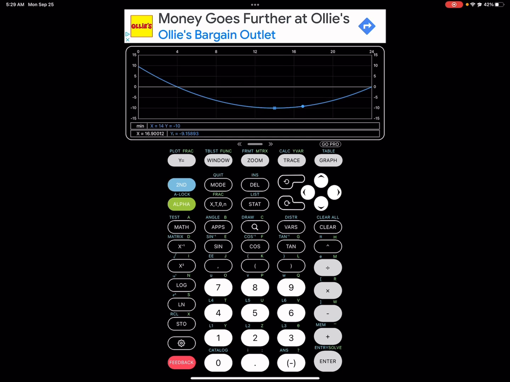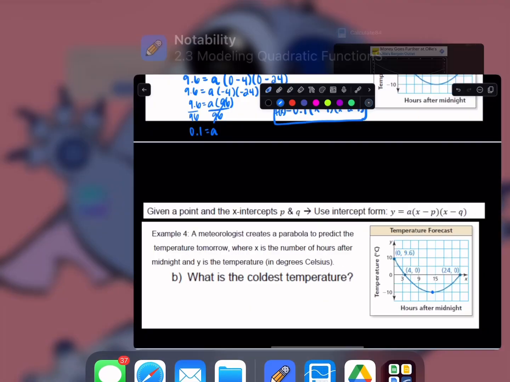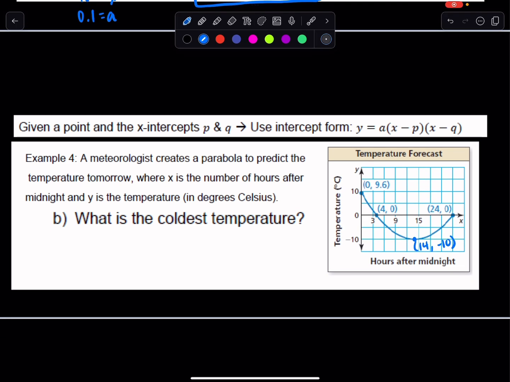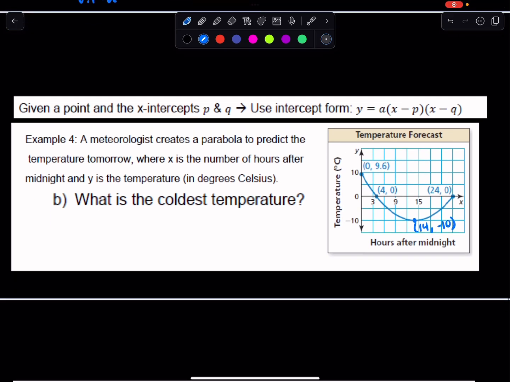And then it tells me my vertex is at the point 14, negative 10, if you see on the bottom of the screen. So 14, negative 10, which you can tell from the graph, but just to be careful, we wanted to check. So my coldest temperature is the y value of that point, negative 10 degrees Celsius.